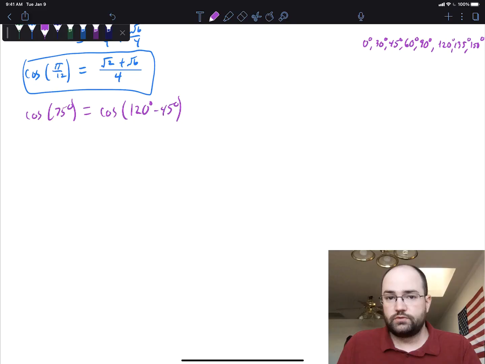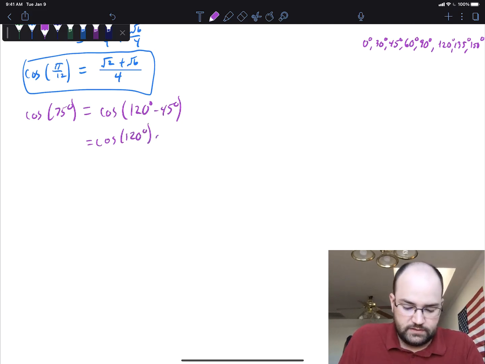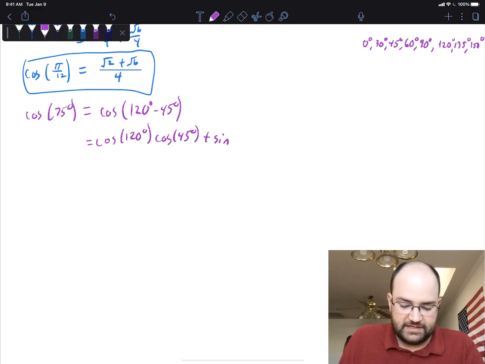And it does matter which one goes first because we have a difference here. So this is going to give us the cosine of 120 degrees, cosine 45 degrees, plus the sine of 120 degrees, sine 45 degrees.